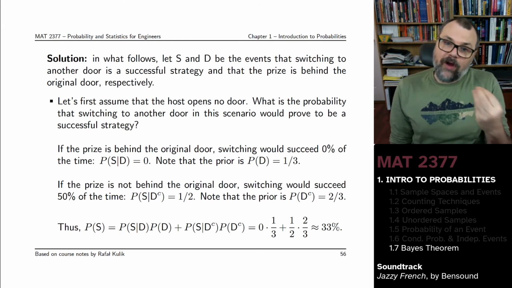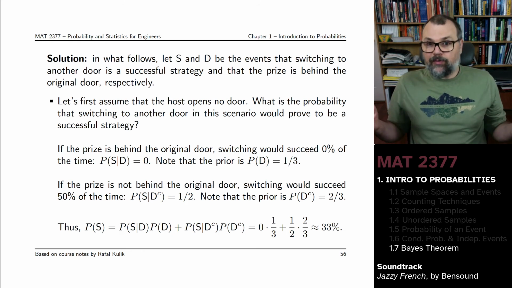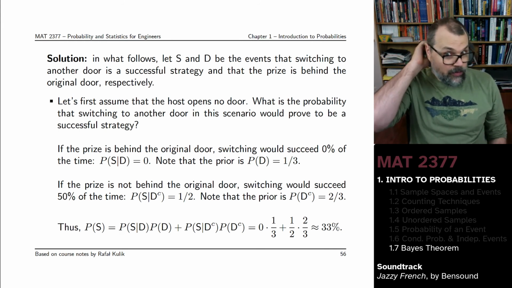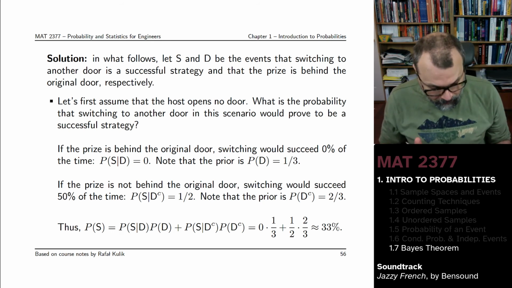Now, what's the prior probability that the prize would be found behind the door you originally selected? It's about 33%. Here we're assuming that there isn't some sort of weird setup that would make these probabilities not be 33%.